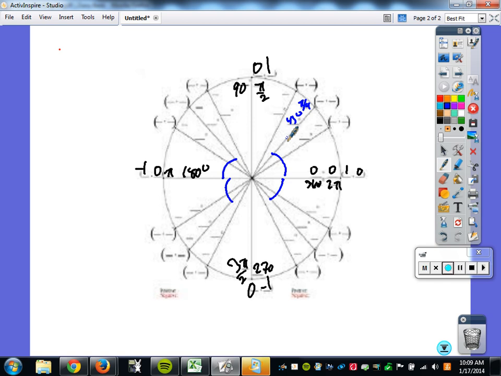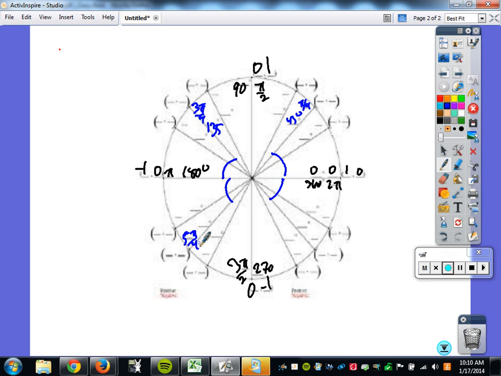0 plus 45 is 45. 45 plus 45 is 90 and so forth. Why do that with radians? 0 plus pi fourths is pi fourths. Pi fourths plus pi fourths is pi half, right? That's 2 pi fourths. Then 2 pi fourths plus pi fourths, this guy right here is 3 pi fourths. And notice we're cutting back 45 from 180, which is 135. Everybody understand that spot? 3 pi fourths plus pi fourths is 4 pi fourths. 4 pi fourths plus pi fourths is 5 pi fourths.